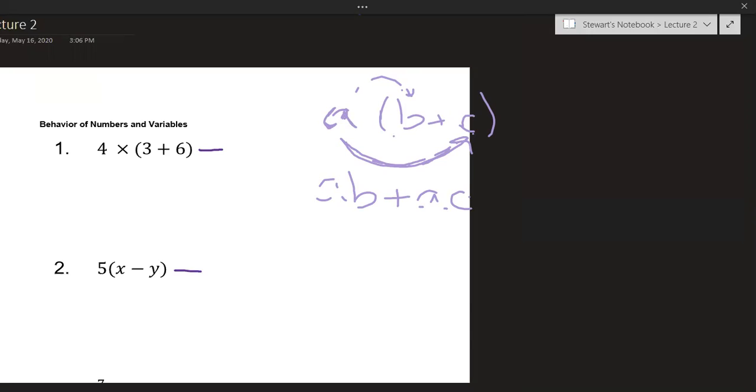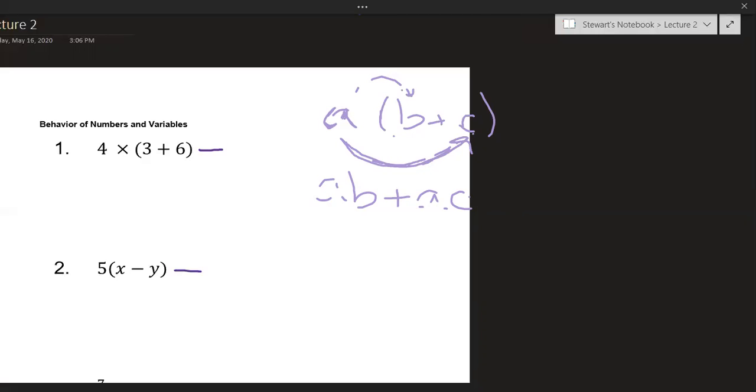It's important to note that the distributive property deals with one number outside of a quantity being multiplied to a quantity that has addition or subtraction, because it'd be a different rule if you are talking about multiplication on the inside.